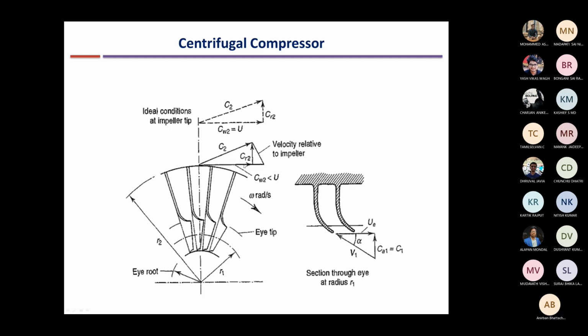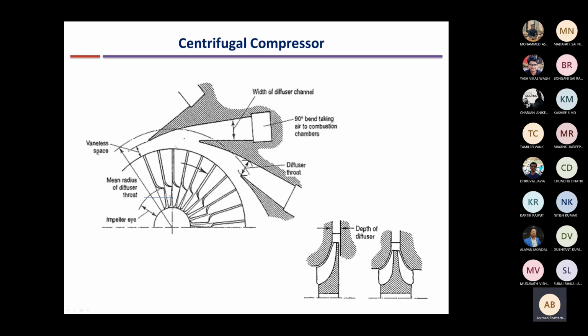Accordingly, the absolute velocity which a person outside the impeller sees is C2, which is the summation of the blade velocity and the relative velocity. That is the absolute velocity. So C2 is the direction at which the absolute velocity occurs. Accordingly, you can see that the diffuser is also at an angle. The diffuser is not straight out from the impeller.